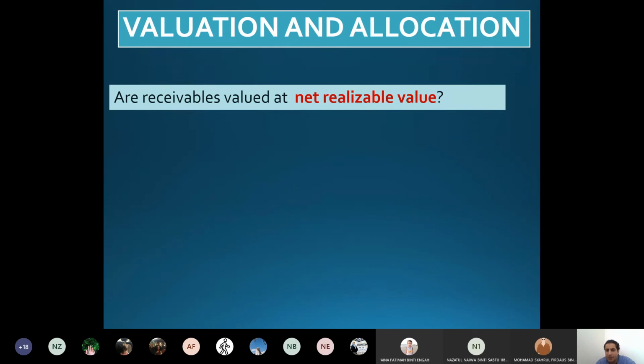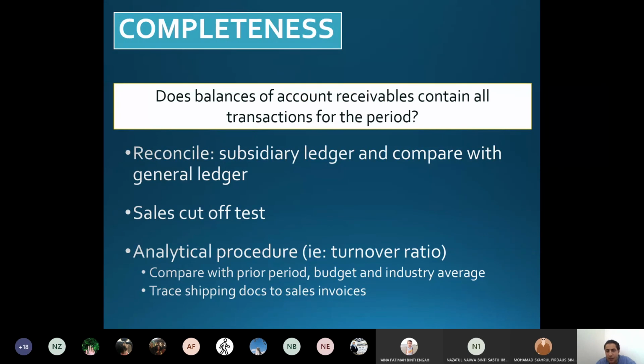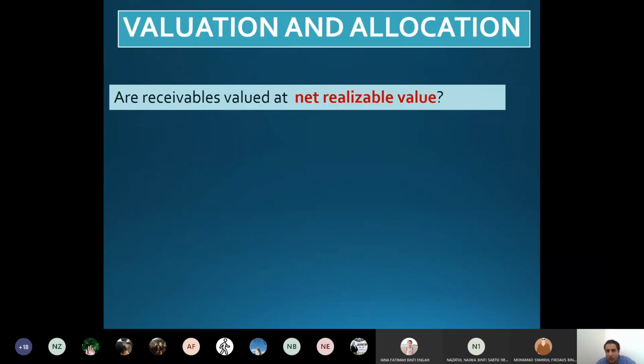Valuation and allocation. Remember, here it is at the level of substantive tests of details of balance. So the question is: are receivables valued at net realizable value?